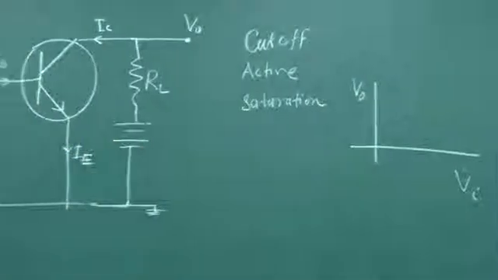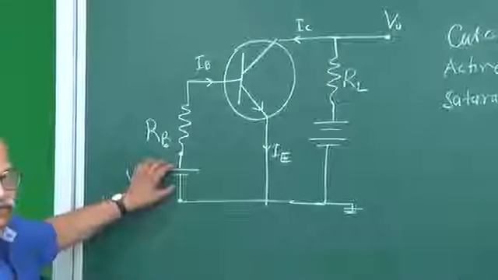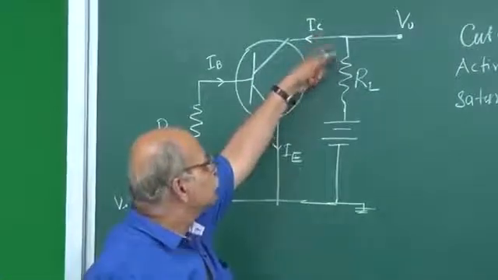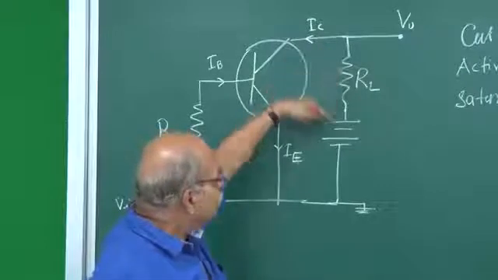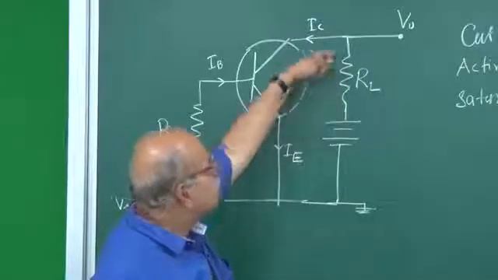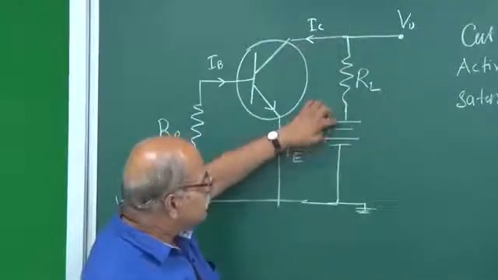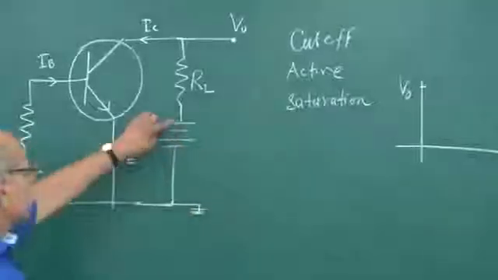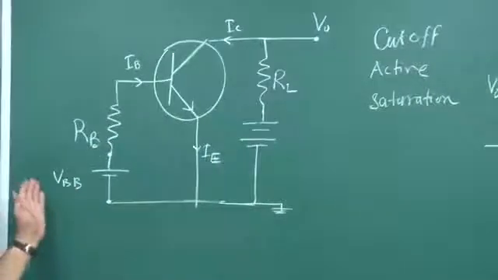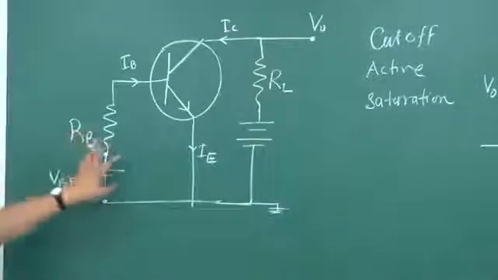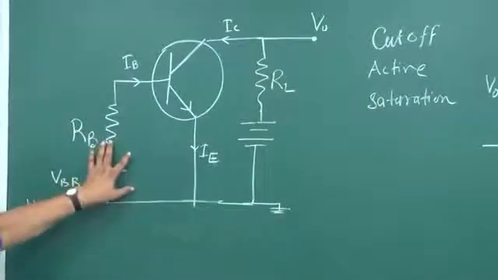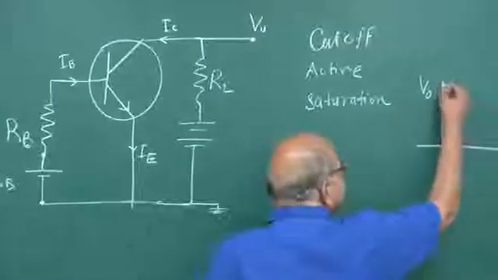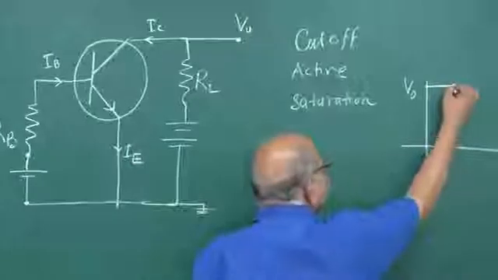If this VI is very small, you are in cutoff region, and if you are in cutoff region, this IC is 0. If IC is 0, no drop on this RL, and therefore, whatever voltage is here, same will be voltage here. So, this battery voltage, that will appear as this output voltage. And if you increase it slightly little bit, it is still not forward biased with sufficient strength, and it remains in cutoff region. So, you increase this VI, and initially this will remain at V0.